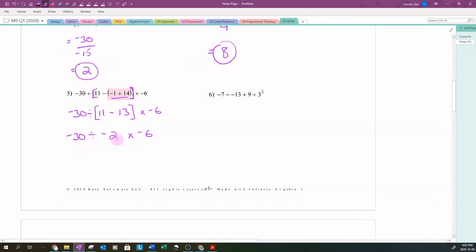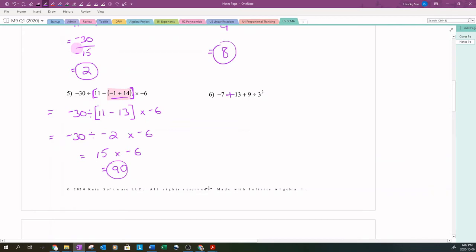So I do them from left to right. So negative 30 divided by negative 2 is 15. And then that's times negative 6, which equals 90. And then maybe I'm going to come back and put my equal signs all along the sides. This one's ugly. But anytime I see minus minus, I'm just going to make that a plus, okay? Because it's the same thing.